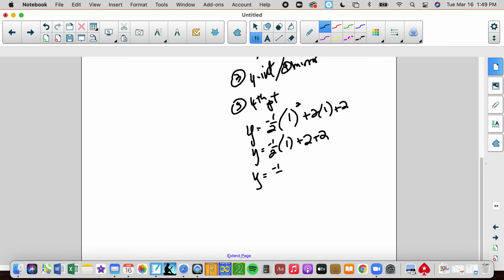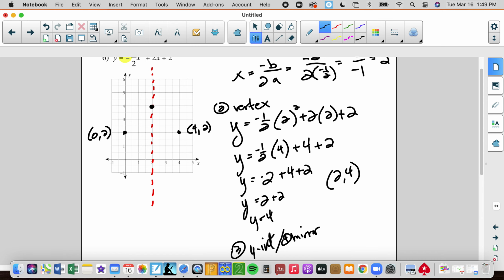You get negative 1/2 plus 2 plus 2, which gives you 1 and 1/2 plus 2, which gives you 3 and 1/2. 1 comma 3 and 1/2. Yowzers. So that's still 2 away. That point is 1, 3 and 1/2, and this point is 3, 3 and 1/2. All right, not too bad. That's 5 points. We're good to go.